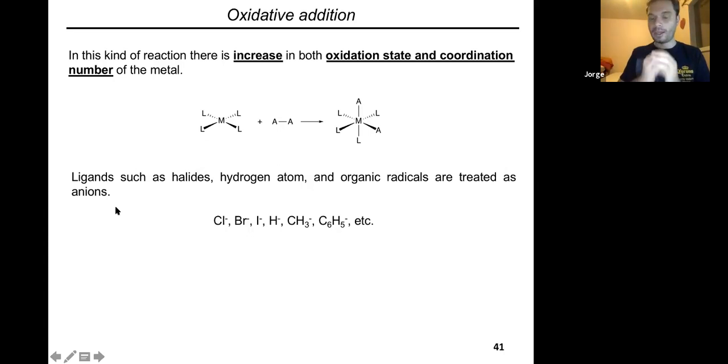Okay, pay attention on that. Halides, hydrogen atom, and organic radicals are anions. Okay, so chlorine is coordinated as chloride or bromide or iodide. Hydrogen coordinated, this indicates that it's being coordinated as hydride. Okay, there is a negative charge there, and you have to take that into account.